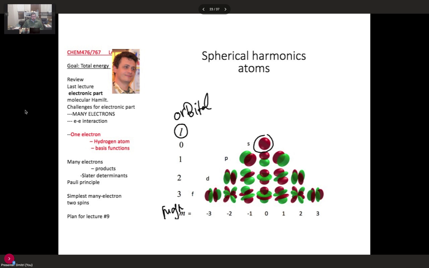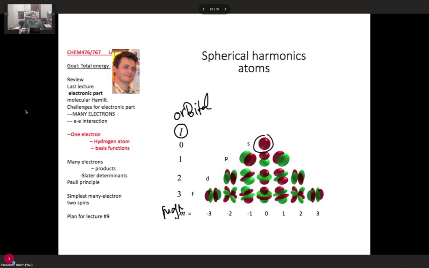The red and green stand for positive and negative, but all of them are real here because when people draw these functions, one has already practiced removal of the complex thing.